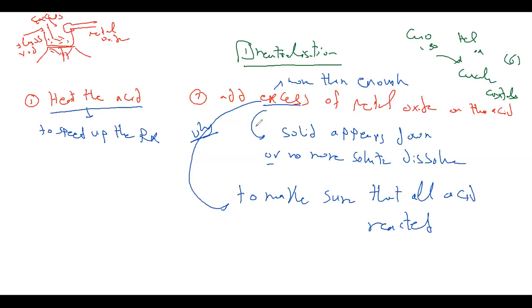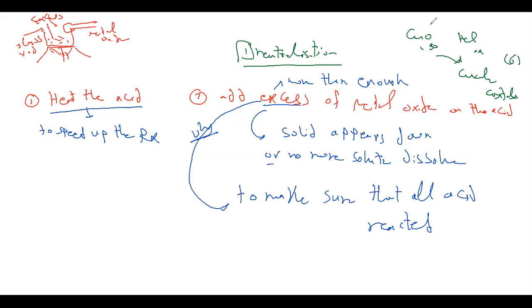Why is it not a problem if we do not have an accurate volume of acid? Because we are using the metal oxide in excess. So if we add more acid or less acid, there is no problem because you are using the metal oxide in excess.